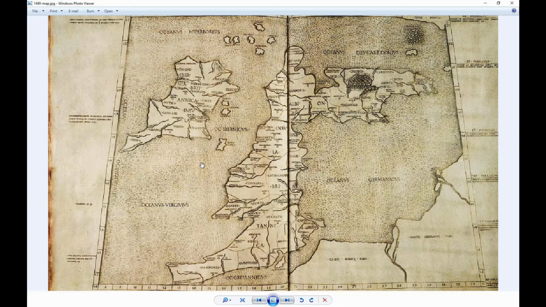It's got a lot of great stuff, Isle of Man and Hibernia, Ireland, but it's got Scotland off to the east here, and Scotland doesn't project to the east, it's up here. And the other thing is, Ireland should be more at the same latitude as Wales, and it's got them way up here. So not bad for 1490 based on something that Ptolemy did in the 2nd century, but that's an impressive map.